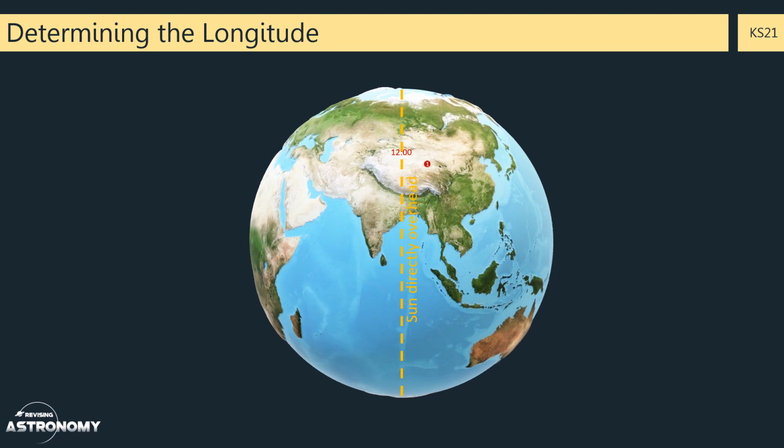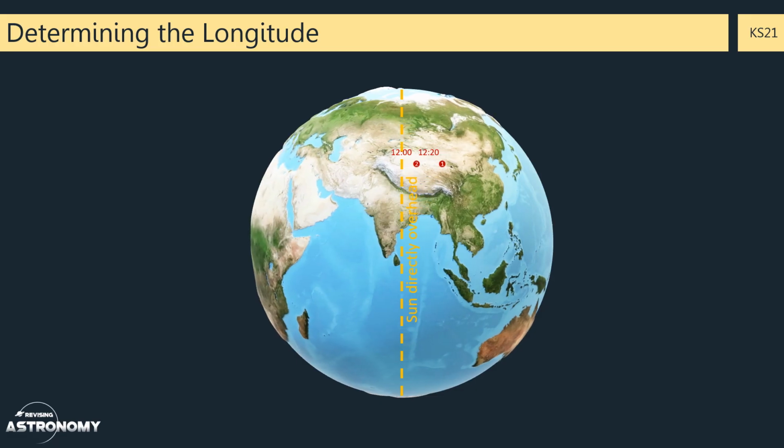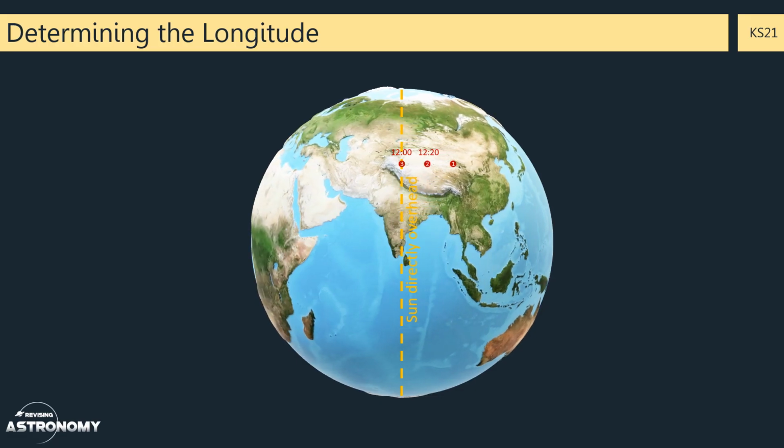You can see that location number 1 is no longer directly under the sun, but location 2 is. Location 2 is now at midday, whilst location 1 has moved into the afternoon and it's now 12:20 here. This continues, and now location 3 is experiencing midday, and it's 12:20 at location 2 and 12:40 at location 3.